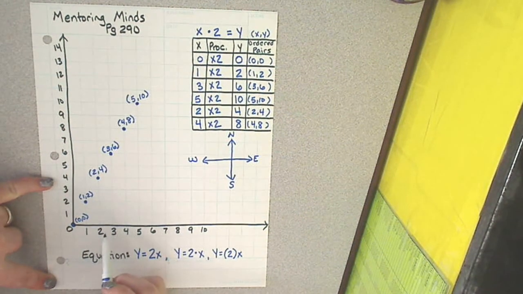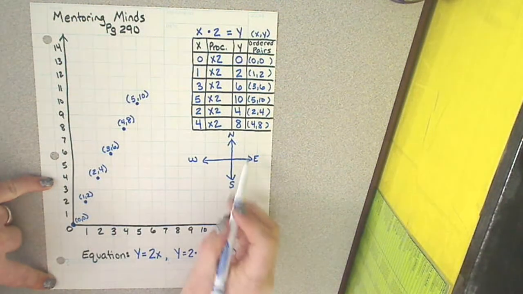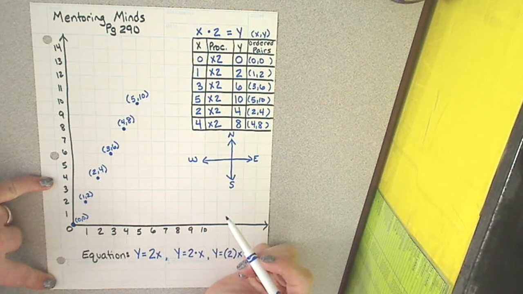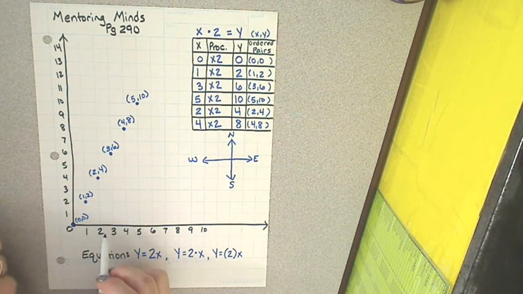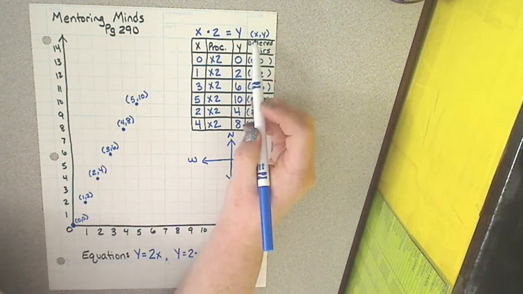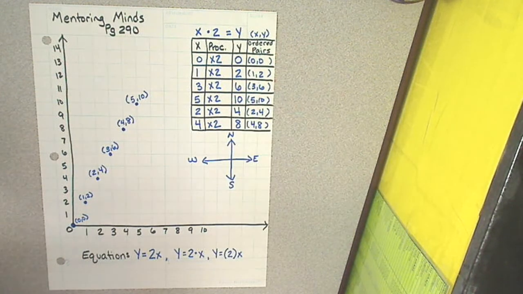We are going to describe how to get from one point to the next using a sentence with compass rose navigation. So the first thing we need to do is start at our 0, 0, and you always want to list how to get horizontally and then vertically with movement.